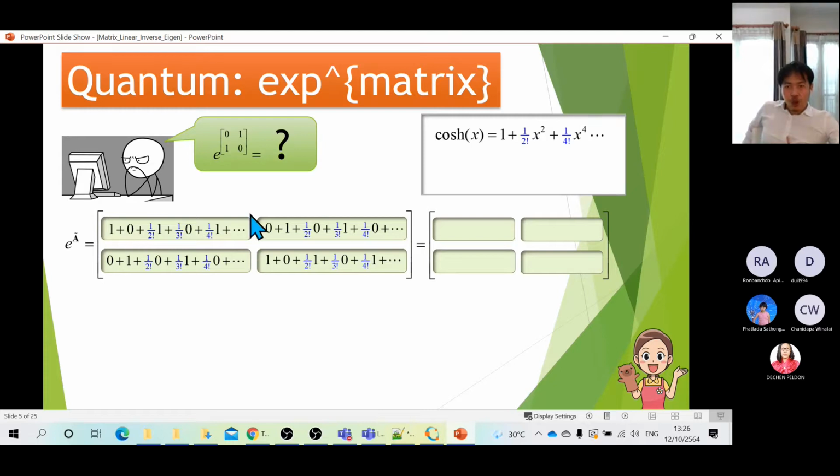So what number should we substitute x for? Which one? Any idea? What should I substitute x for to get the exact same result as the upper left element of this matrix?